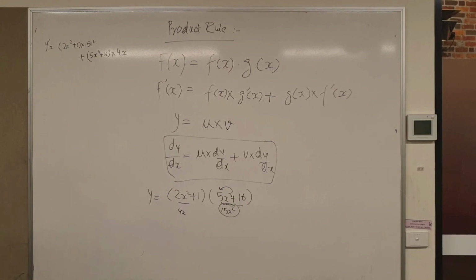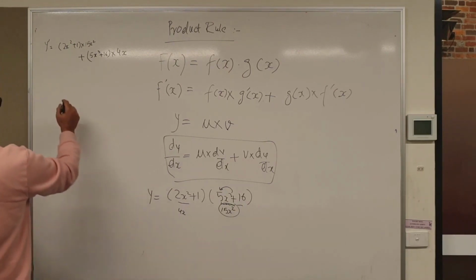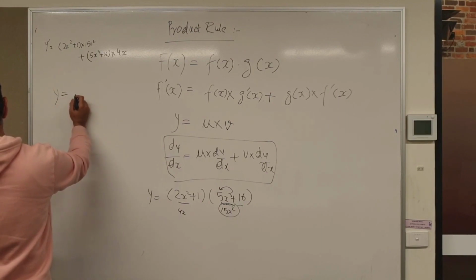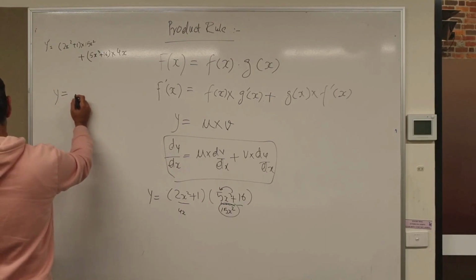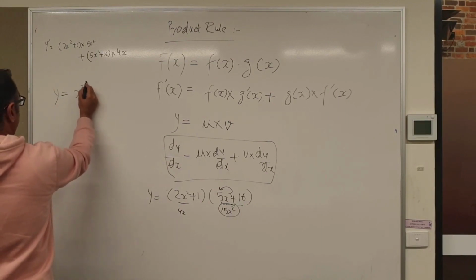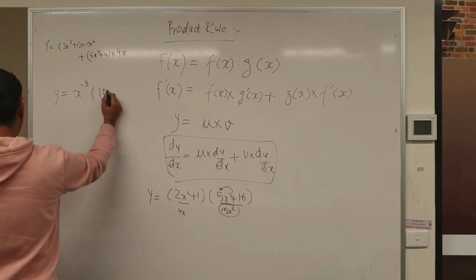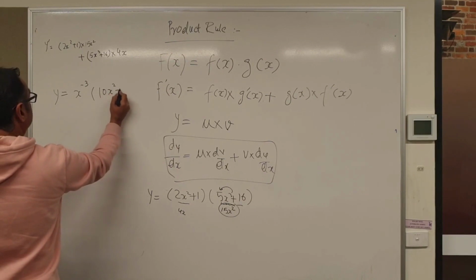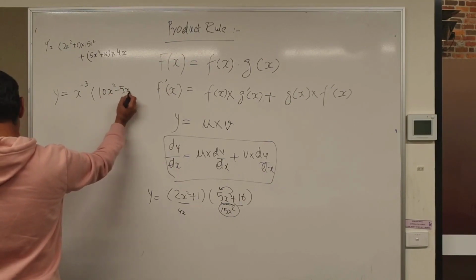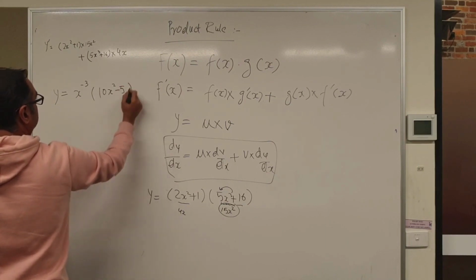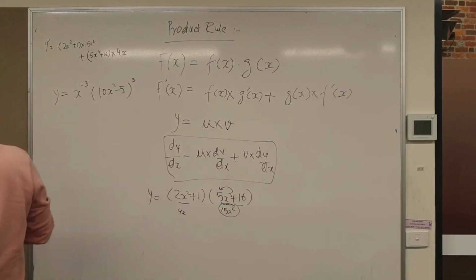All right. Let's try one more. So I say y equals x raised to the power of minus 3 times (10x squared plus 5x) raised to the power of 3.